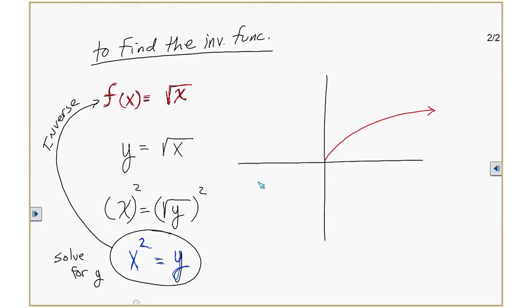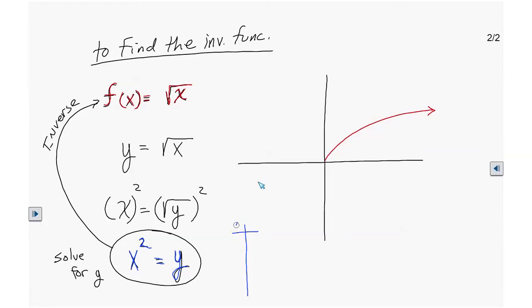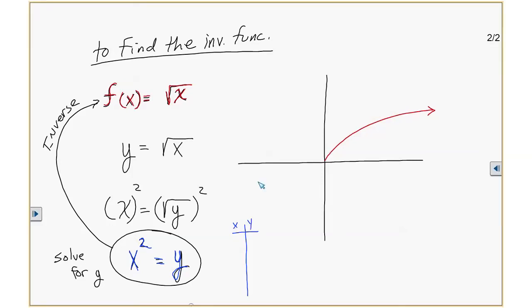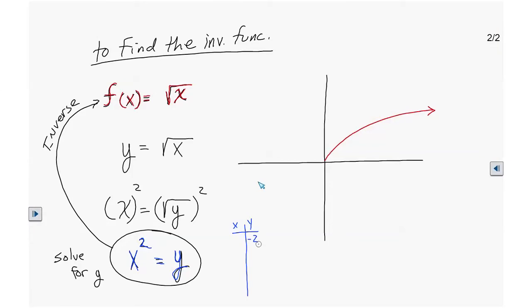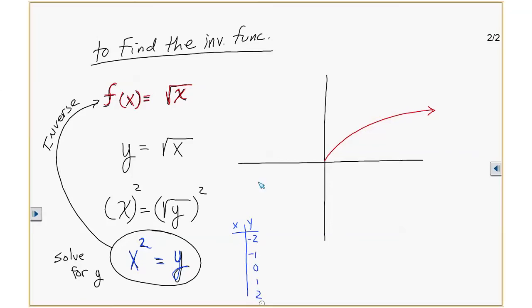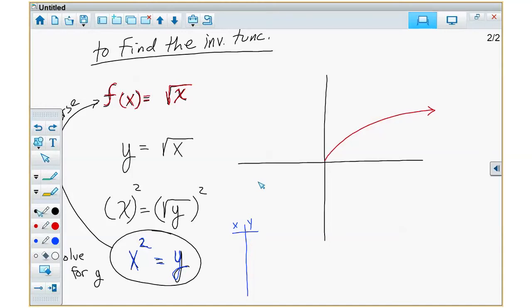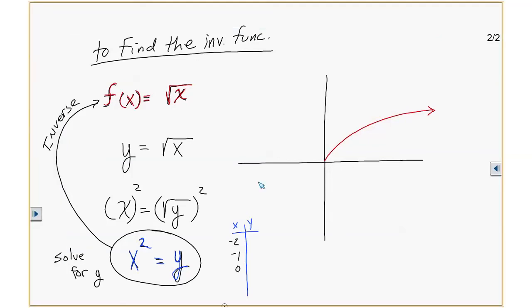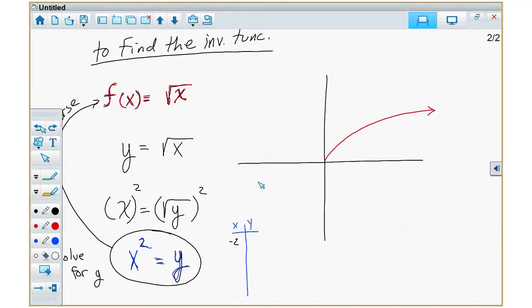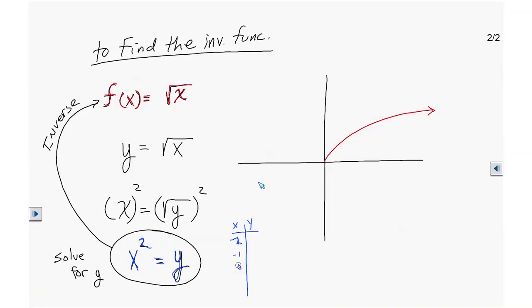Now let's see what it looks like. Instead of finding y, we're going to be finding what? Okay, so what do we do? I'm sorry, I messed up. We plug in x. I'm thinking something else. Let me start over. We plug in x, and we get -2, -1, 0, 1, and 2.